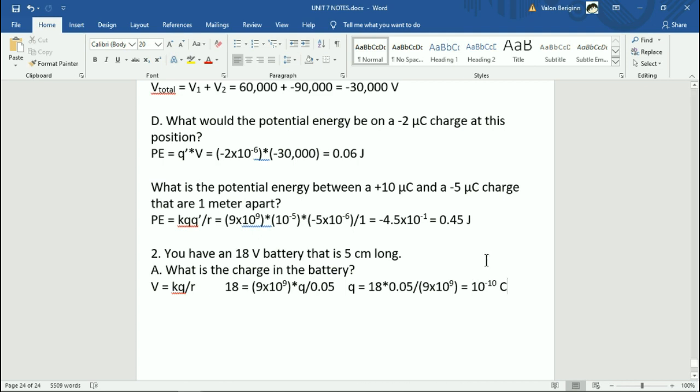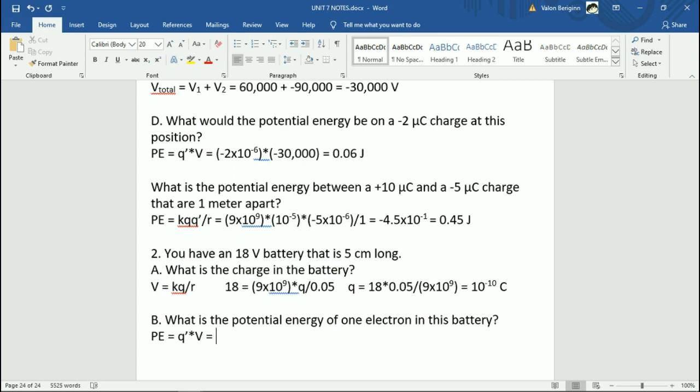Then again, a follow-up question could be: what is the potential energy of one electron in this battery? Remember, potential energy is the charge times the voltage. So what is the charge? I'm asking about the potential energy of one electron, so that's the new thing I'm throwing in there. I want the charge of one electron.